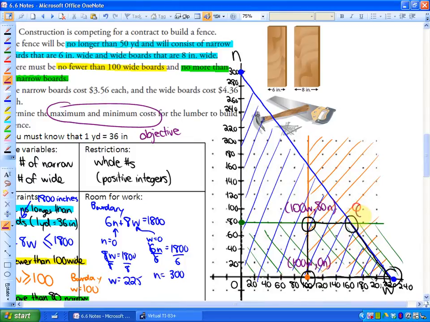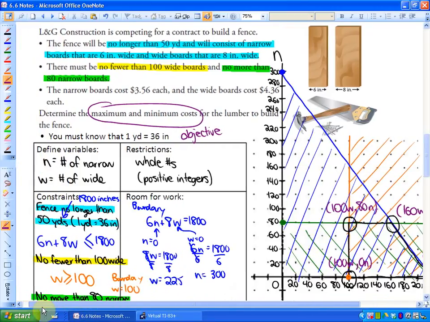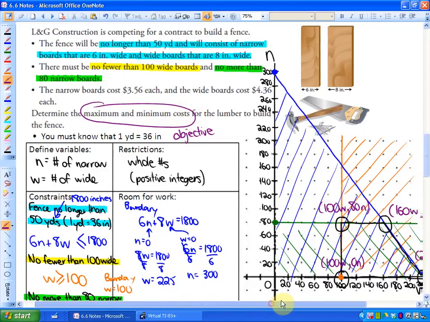This point right here is going to be 160 wide boards and 80 narrow boards, and this point right here is 225 wide boards and 0 narrow boards. So those are the corners of my solution region. Why is that important? Well, if we're asked to determine the maximum and minimum costs for the lumber, it's going to be occurring in those corners.